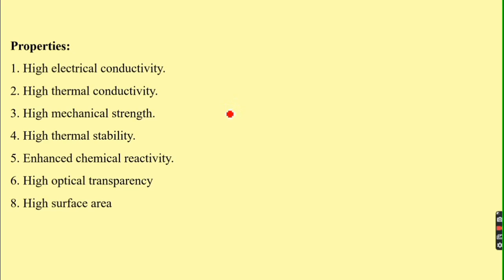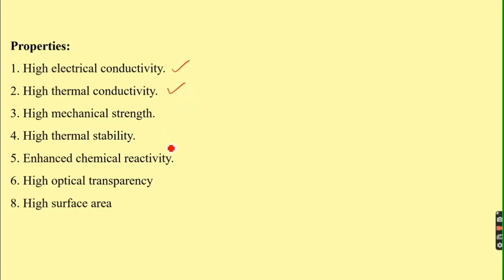So they possess high electrical conductivity as well as thermal conductivity. The charge carrier mobility is also high, finding application in transistors, etc.